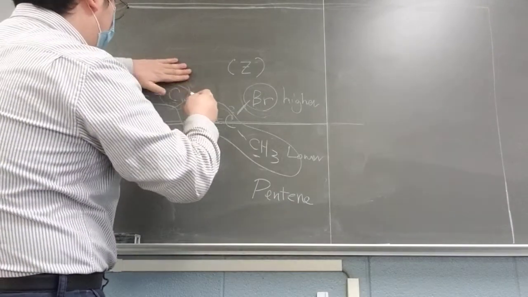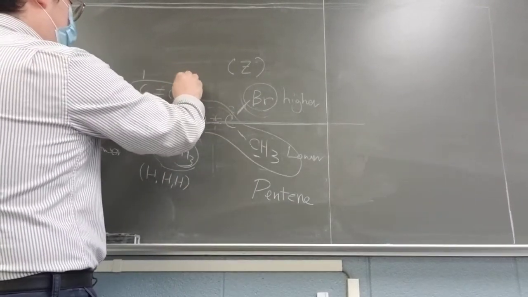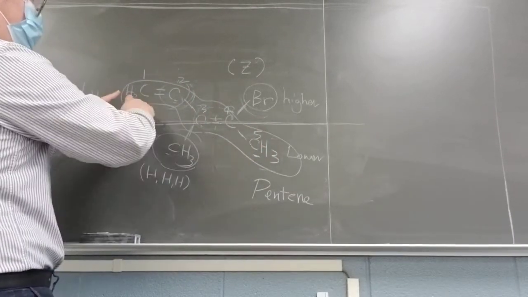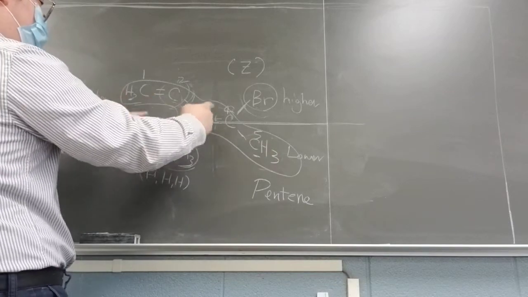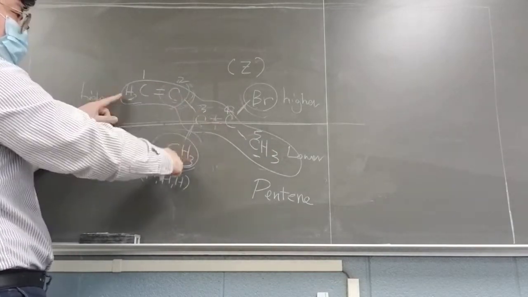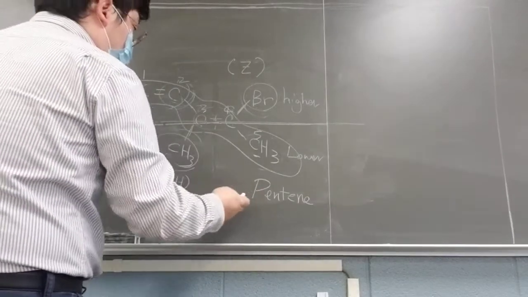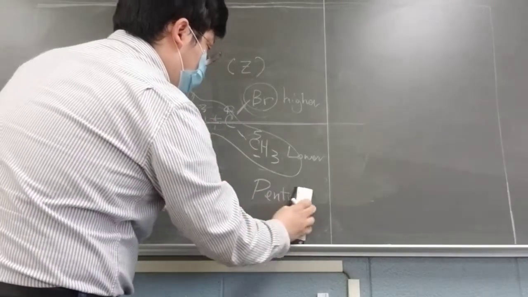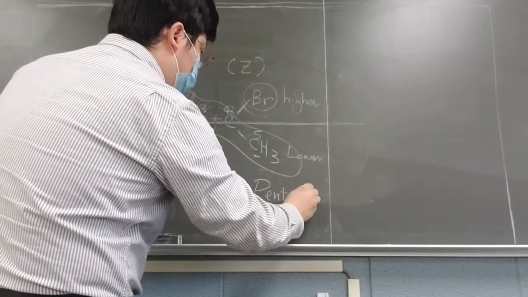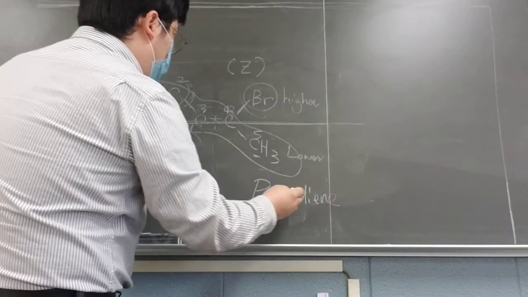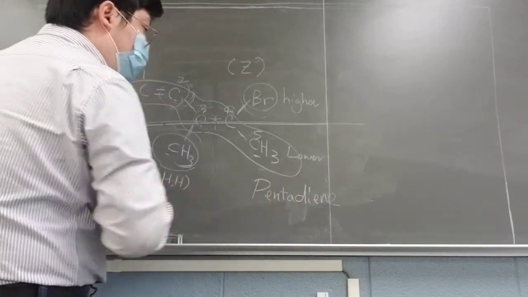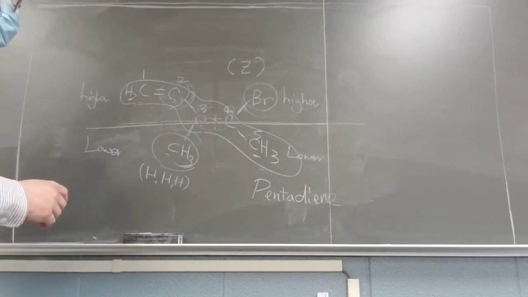So 1, 2, 3, 4, and 5. So in that way, you can include 2 double bonds, which is most important. You can go this way because you can include this double bond if you go this way in the shorter end. So then there will be two double bonds, right? There will be two, meaning di, and E. Once again, when you have the two, pentadiene is kind of weird to say, right? So pentadiene, that sounds more fluent.